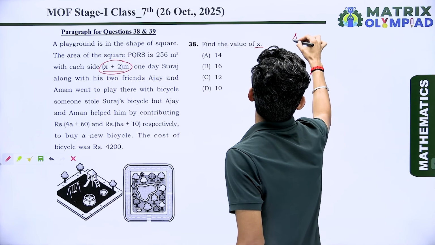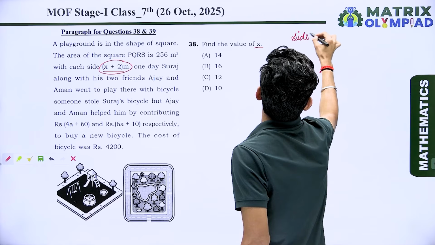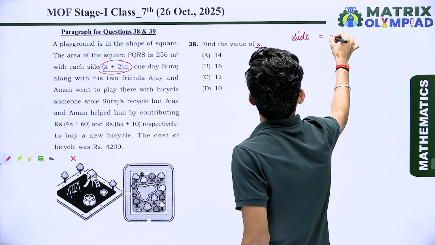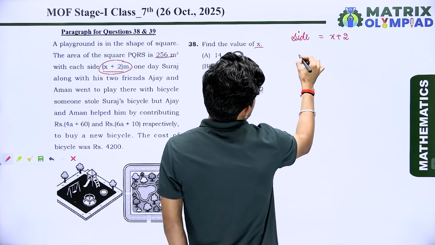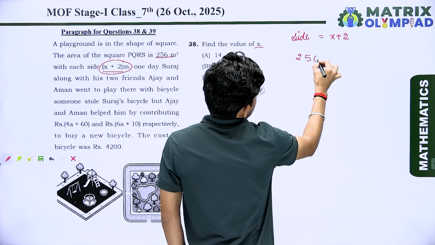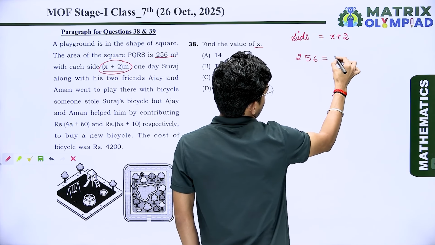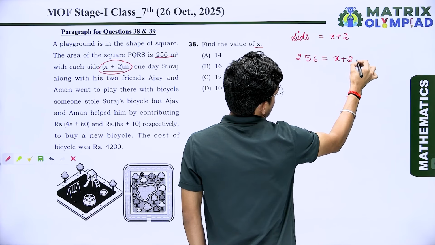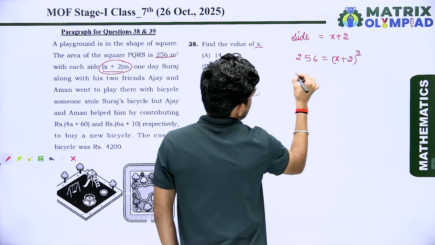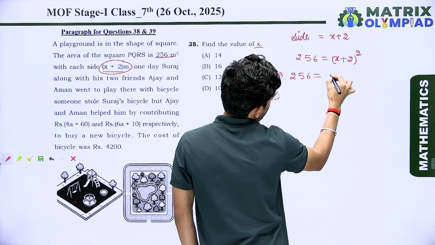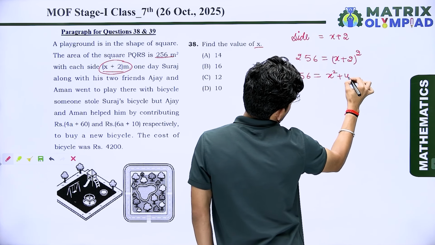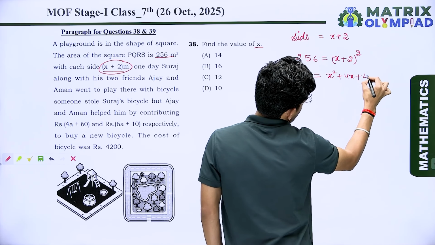So here we have the side of a square, that is x plus 2, and we know the area of a square is 256. So I can write 256 is equal to x plus 2 whole square. So 256 is equal to x square plus 4x plus 4.